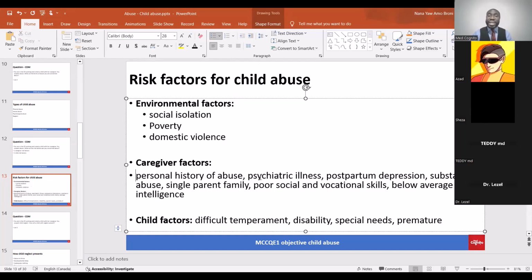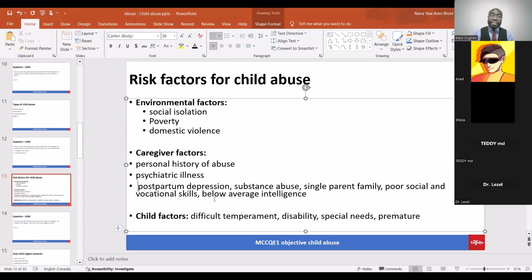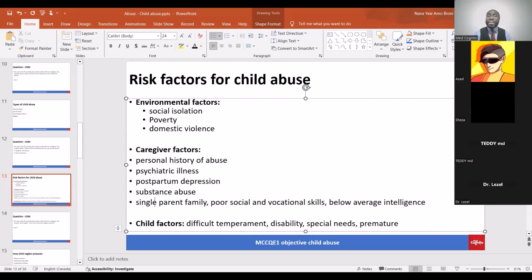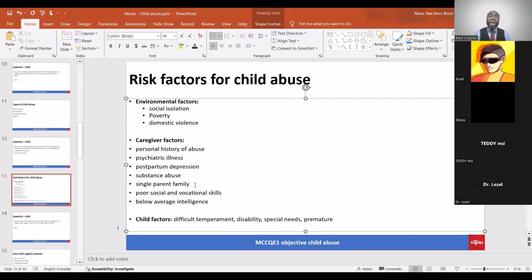Caregiver risk factors, one answer per line. So psychiatric illness like psychosis, postpartum depression. You can have a mother who just delivered a wonderful bouncing baby boy or girl, and then the mother does harm to the baby. Single parent family, poor social and vocational skills, below average intelligence, so low IQ.